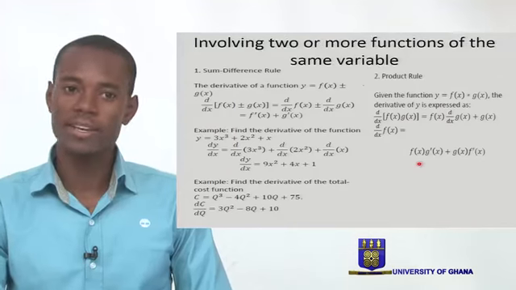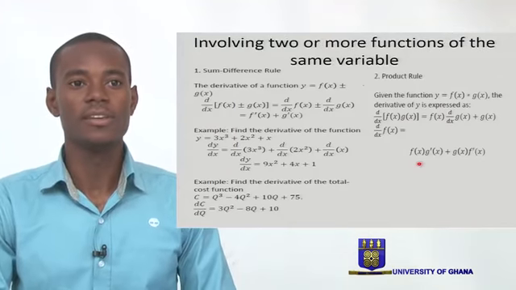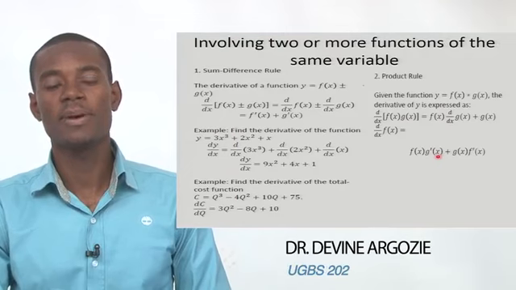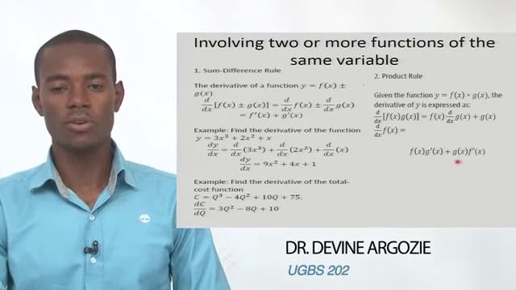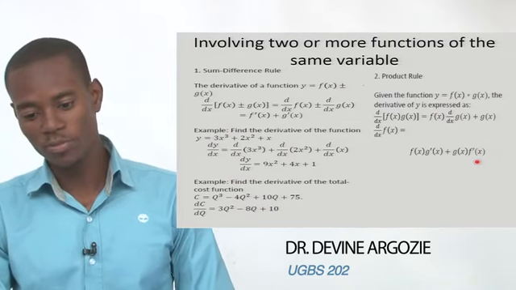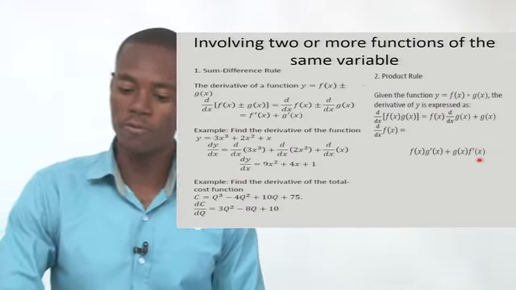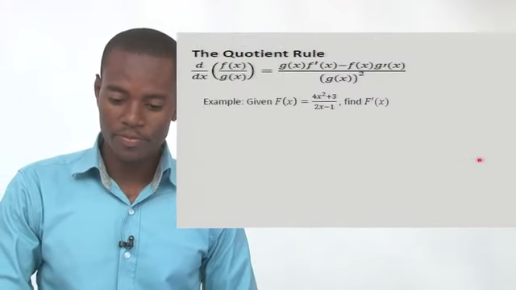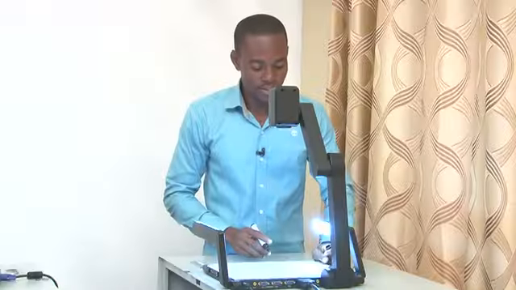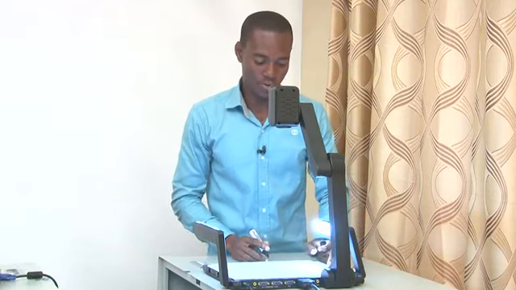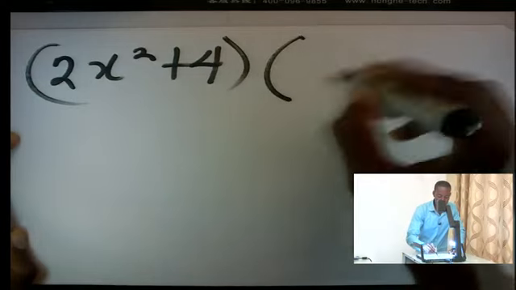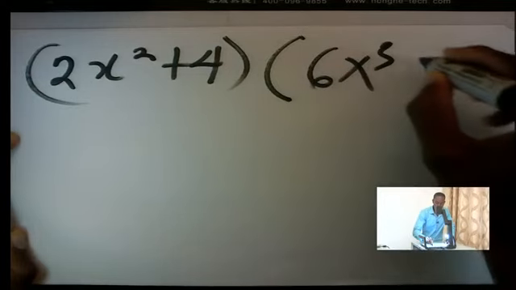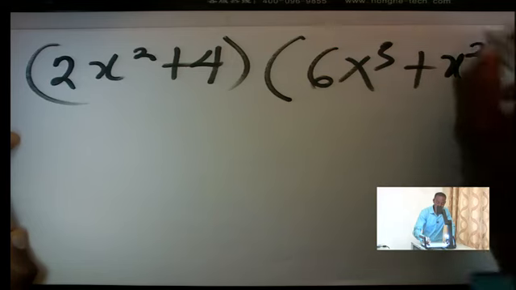In the first instance, I said, take the first function, leave it as it is, multiply it by the derivative of the second function, then add it to the original second function, and multiply that one by the derivative of the first function. Let's take an example of the product rule. Let's say I have a function 2x squared plus 4 being multiplied by 6x cubed plus x squared.